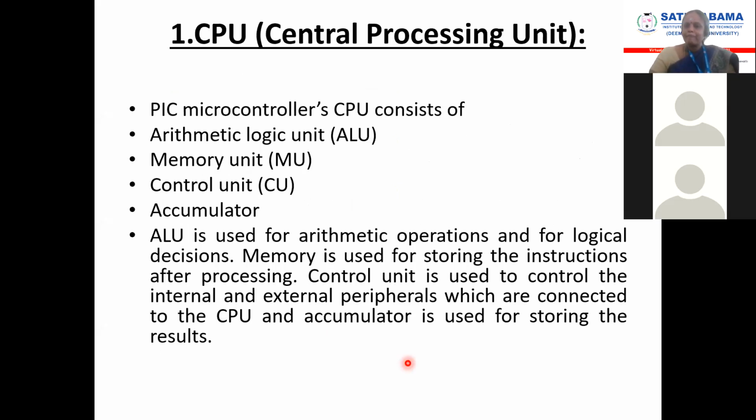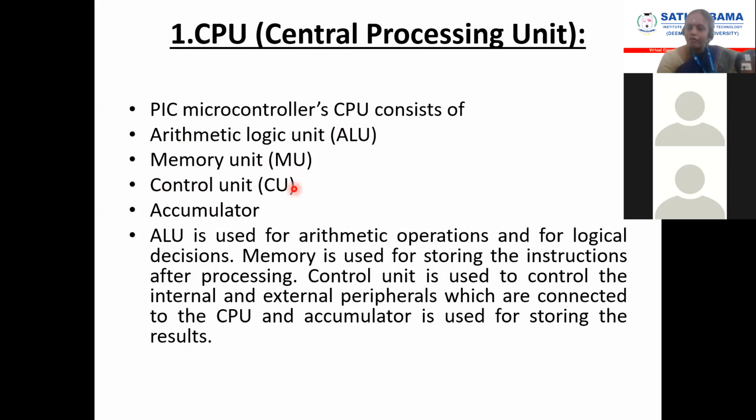CPU, central processing unit. You all know that every microprocessor or microcontroller definitely has a CPU. Without a CPU we cannot call it a processor or controller. So in the PIC microcontroller, what are the main parts? The arithmetic logical unit, as in all microprocessors and microcontrollers. The memory unit: here we have onboard memory, that's why we specify a memory unit.